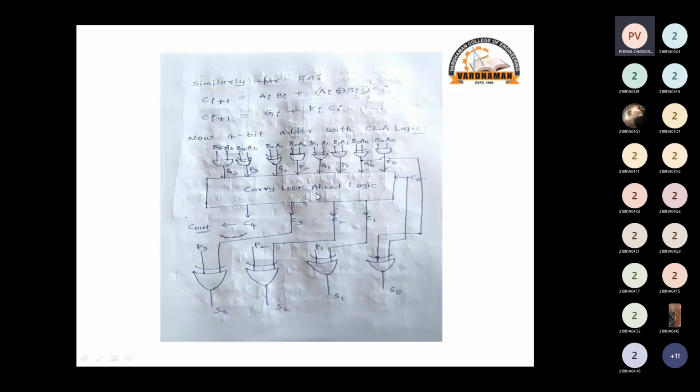Now, if we draw the logic circuit for the 4-bit adder with carry look ahead logic, this is the carry look ahead logic. Here the inputs are A3, B3, A2, B2, A1, B1, A0, B0. First we will find generate and propagate, G3, P3 from these two, G2, P2, G1, P1, G0, P0, and C0.